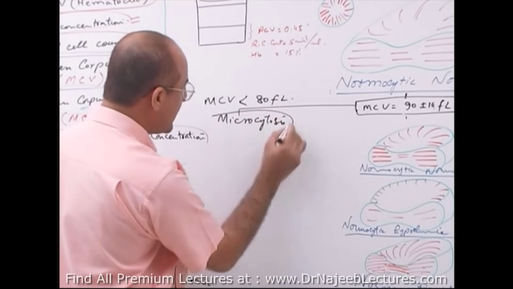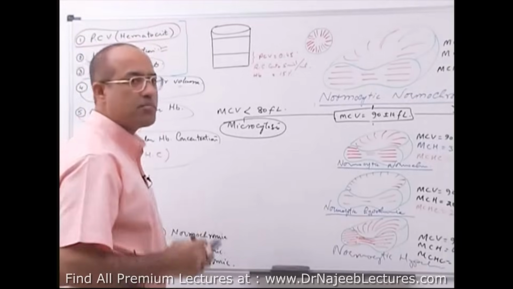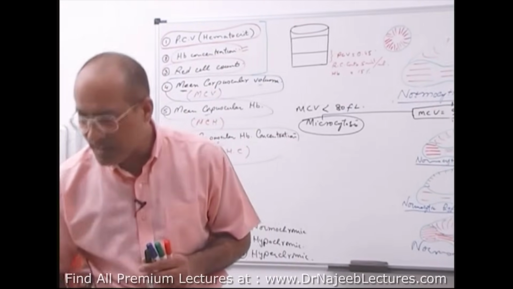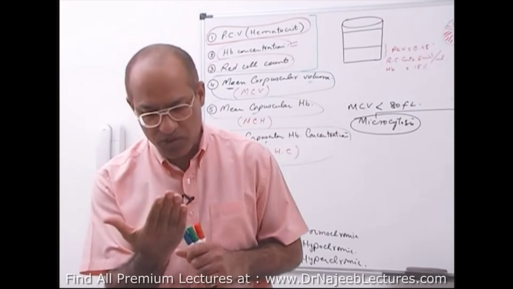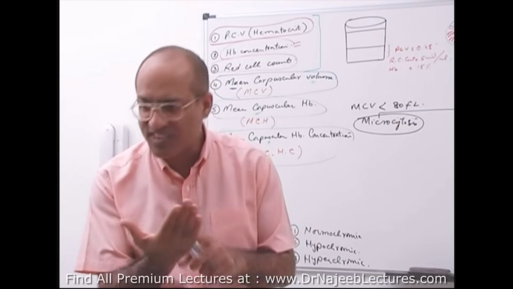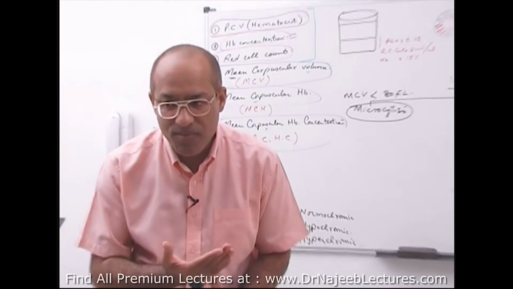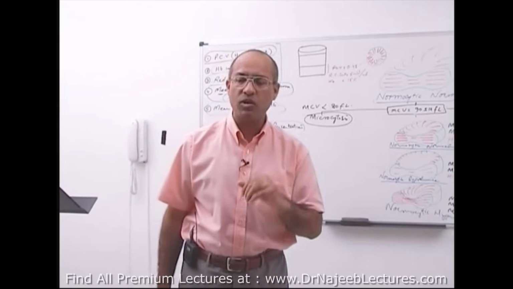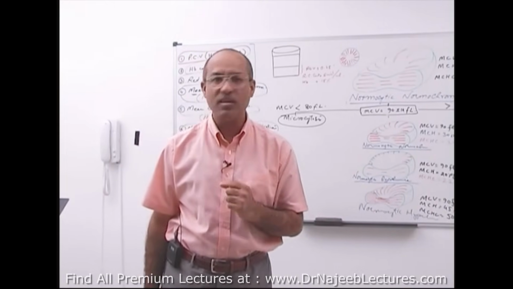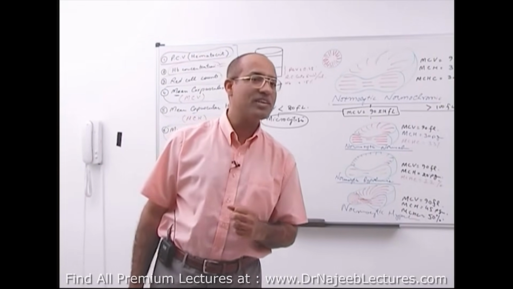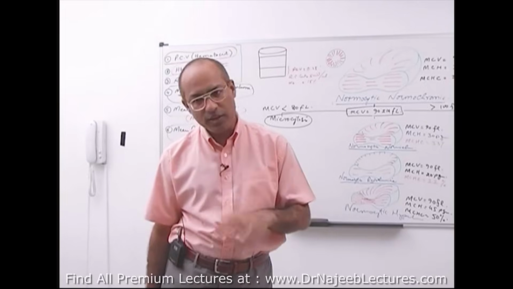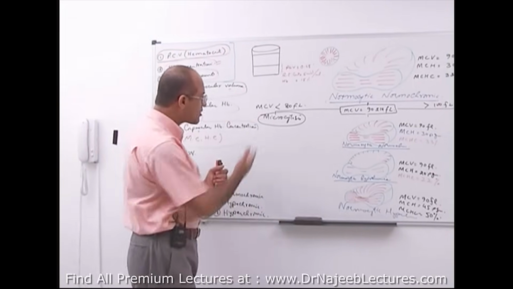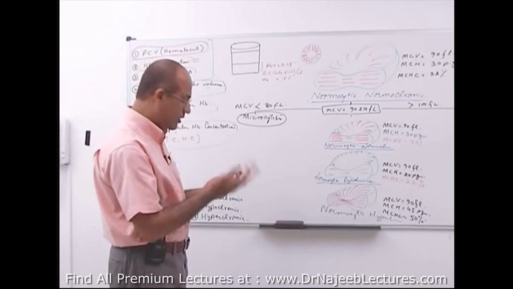So when we say your patient is displaying microcytosis, it means mean corpuscular volume is less than 80. Or if you look at a report and mean corpuscular volume is 60, of course there is microcytosis. You look at another blood report and MCV is 110, the patient has macrocytosis. Is that clear?